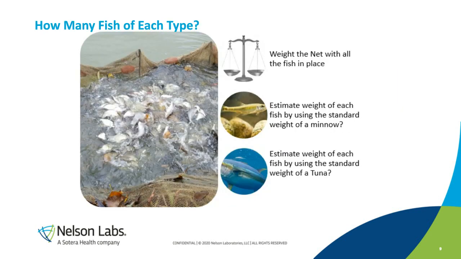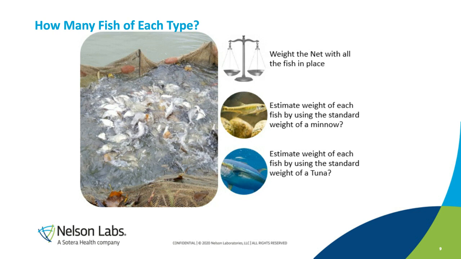The amount of fish in the net, though, is interesting. So if you weigh the net with all that fish in place, and you're trying to estimate the size of those fish in the net, you could say, okay, so I know a minnow weighs this much, and so I could divide that weight by the minnow weight, and that should tell me how much weight each of these fish are. Or I could estimate using the weights of the tuna, right?